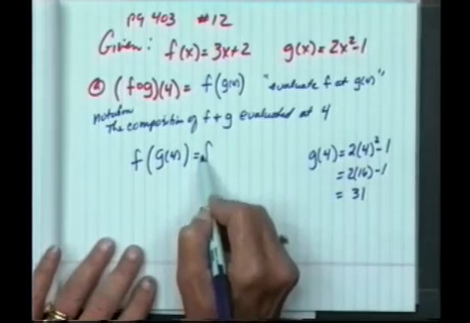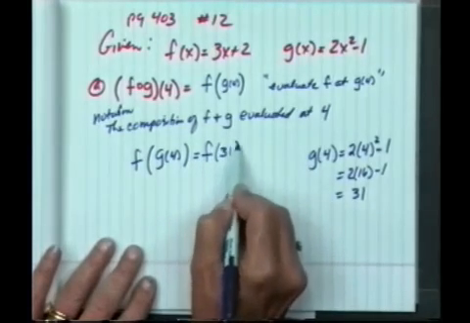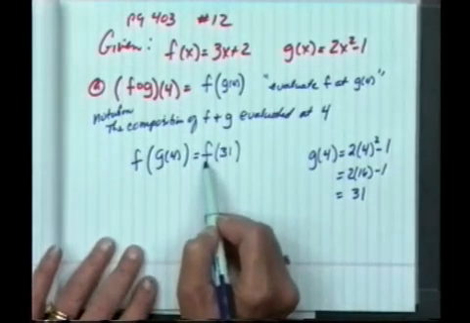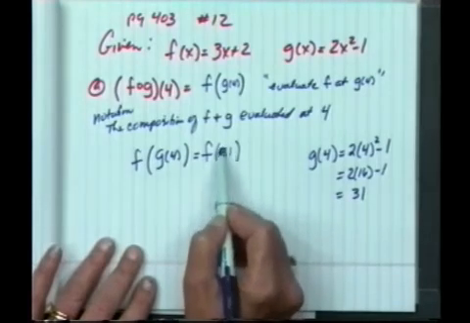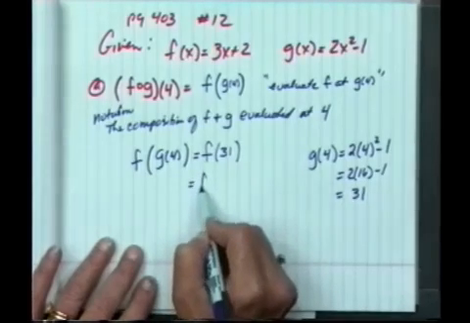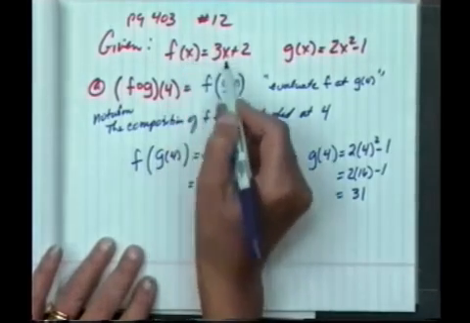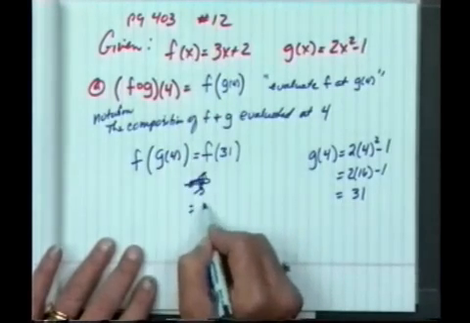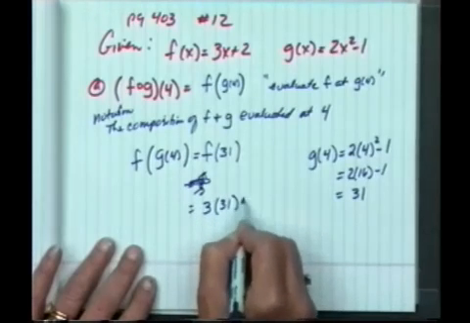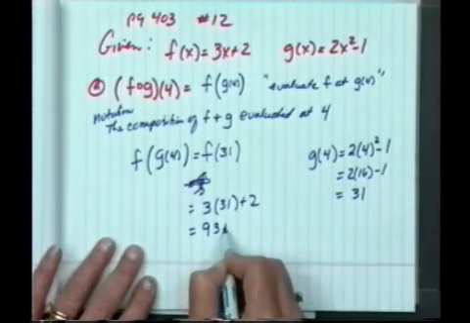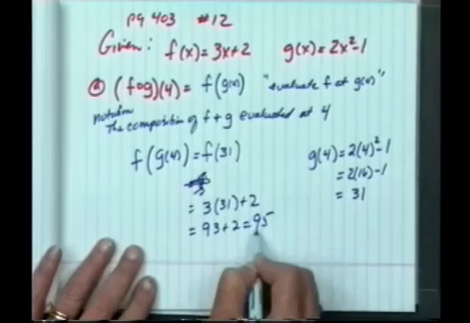Now we have f of 31. So this says go to f and evaluate at 31. So we go to f and we have 3 times 31 plus 2, which is 93 plus 2, which is 95.